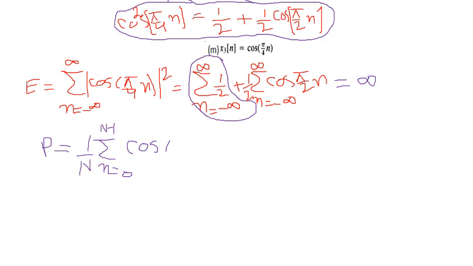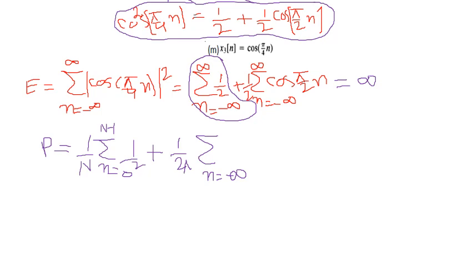Cos square pi by 4 n equals 1 by 2, and plus again 1 by 2 summation of cos. So again here we have 1 by 2.